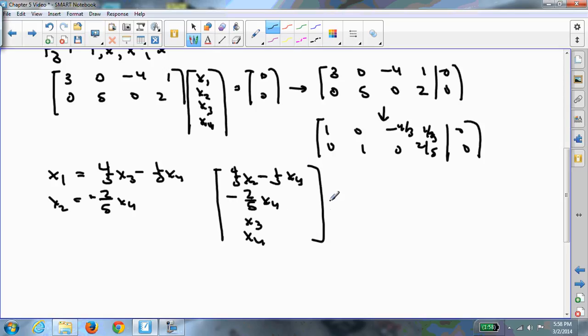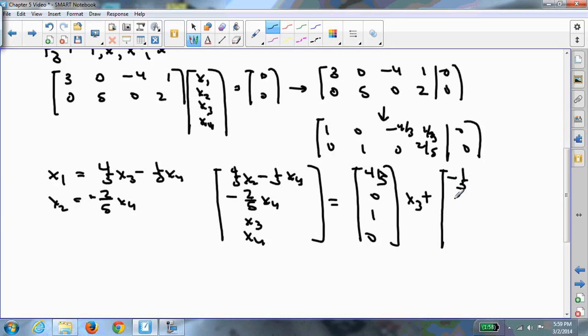And then if I separate this into a linear combination of x3 and x4, I would have 4 thirds, 0, 1, and 0. Oh, I'm sorry, I think that's 4 thirds. That one times x3, plus negative 1 third, negative 2 fifths, 0, and 1 times x4.